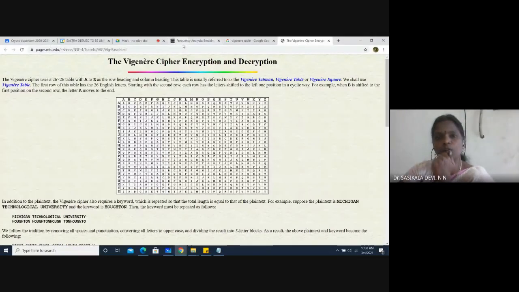Then I will tell you how to do the encryption and decryption by using a simple lookup. This table is used for encryption as well as decryption, a simple lookup.